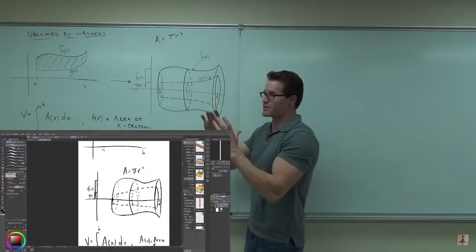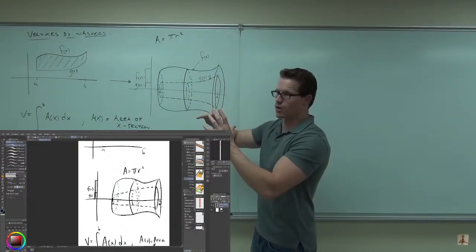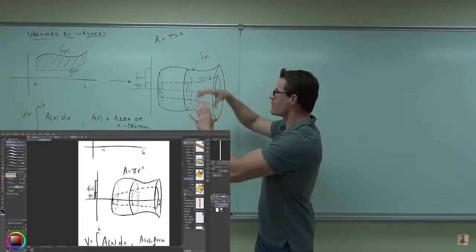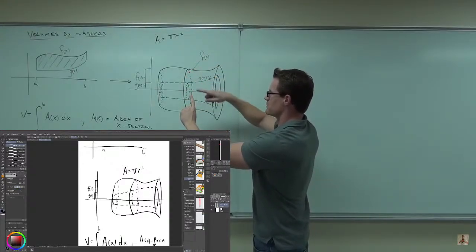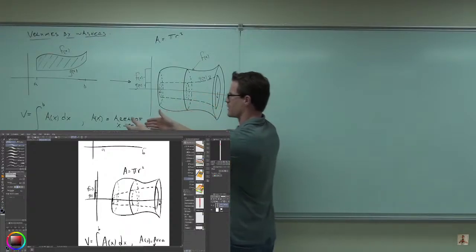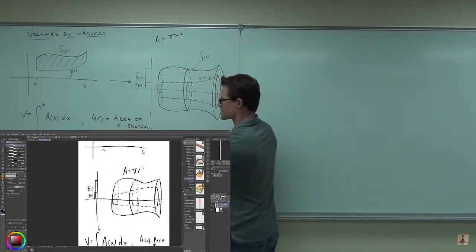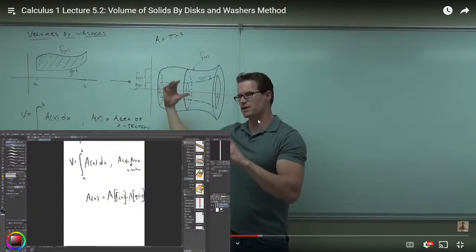The surface area of the washer, as I should say in this case because we're going to make that transition, is the f of x circle minus the g of x circle. That's what we're talking about here. The area of the f of x circle minus the area of the g of x circle. Well, we know area is pi r squared. Our r in any of these cross sections is f of x or g of x respectively.